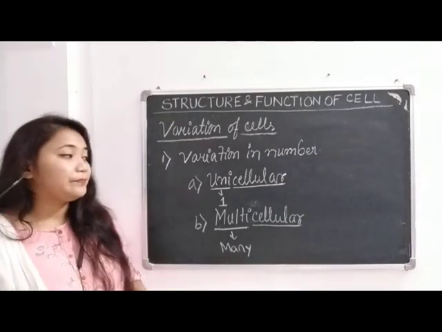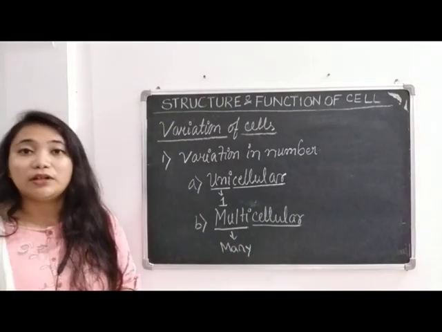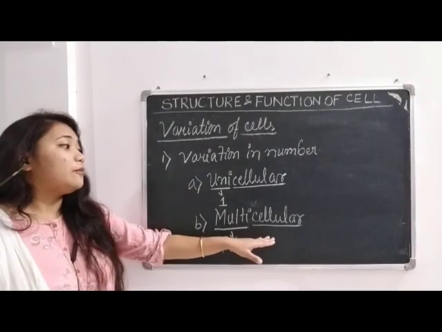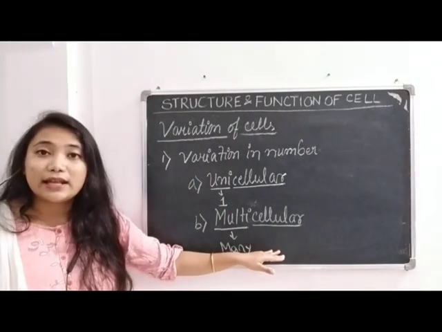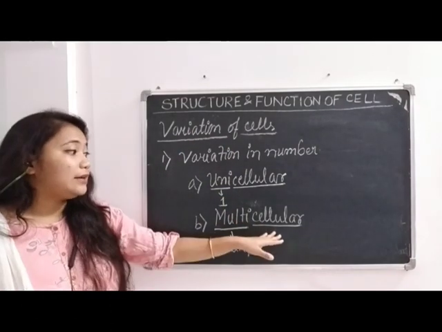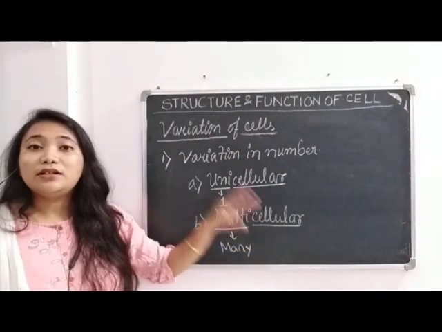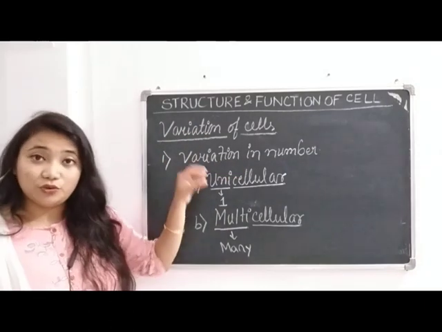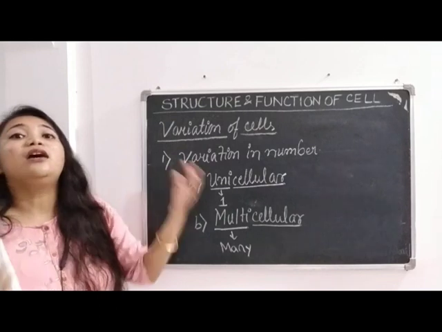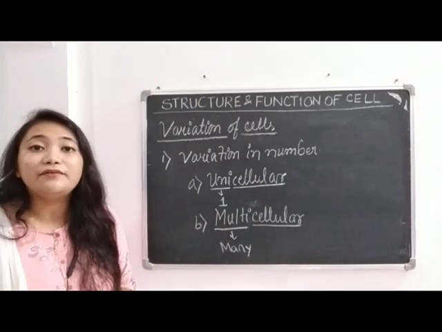And in case of multicellular, that means what? Many cells together are forming the multicellular organism. Just like today in the morning I have shown you, the cell forms tissue, tissue forms organ, organ forms organ system, and ultimately an organism or an individual.